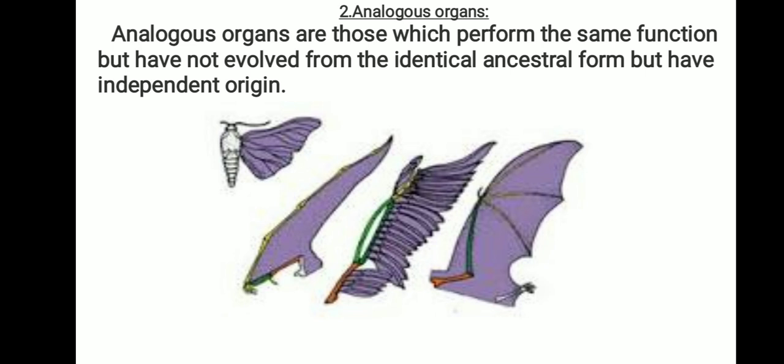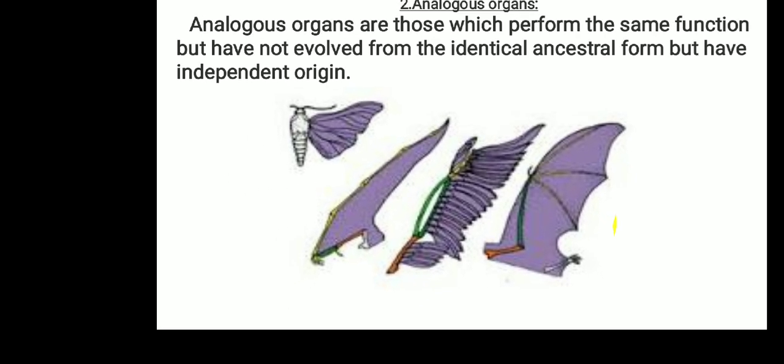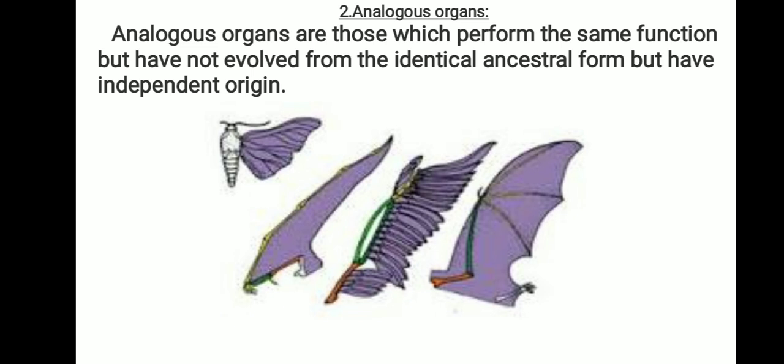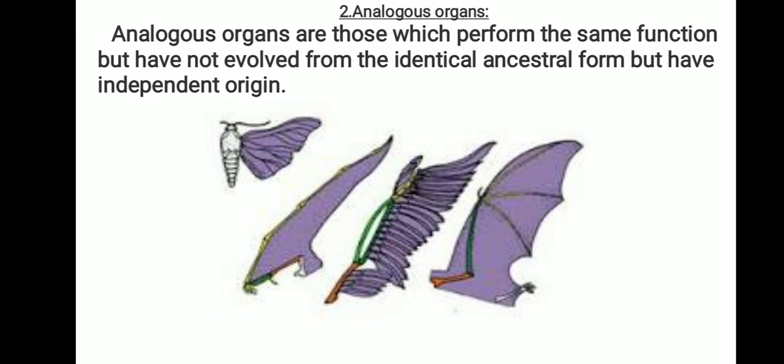And then paddles of whales, and then wings of bat, wings of birds. All these 4 are having the same function. By using these wings, they are doing the same function, but they are originated from different ancestors.